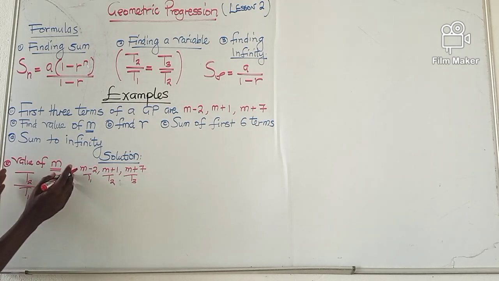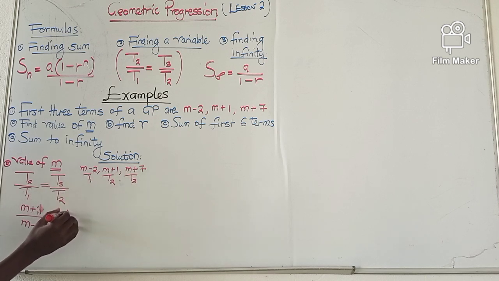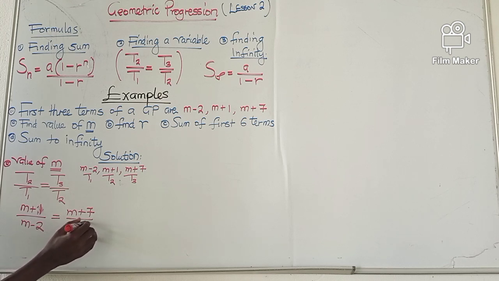This is the formula that we use when you're finding the missing variable. We're going to say second term. Our second term is m plus 1, over our first term, which is m minus 2, equal to the third term, m plus 7, over our second term, which is m plus 1.